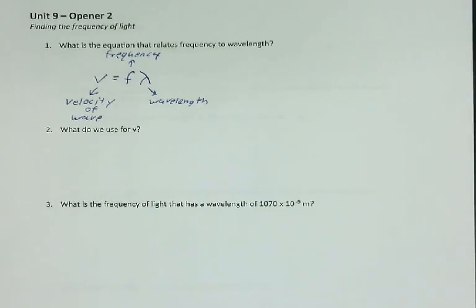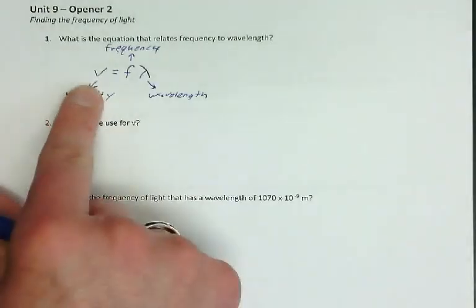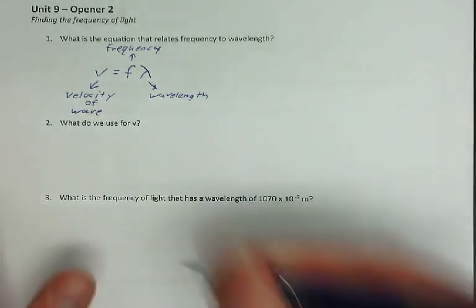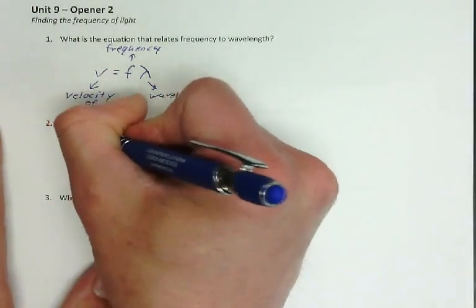Okay, so in the past, when we've solved this, what we've used for V is the speed of sound, right? Which was 340 through the air, 1,500 through water, and so on and so forth. So we just used whatever the speed of the wave was. But we're using a very specific wave now, and the wave we're using is light.